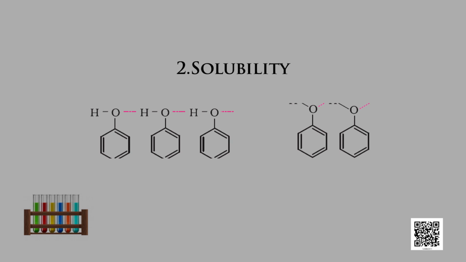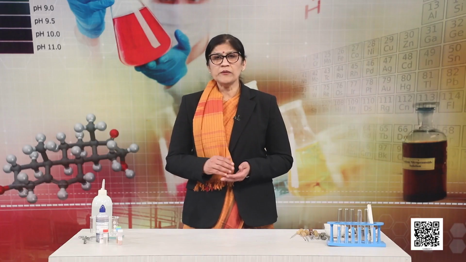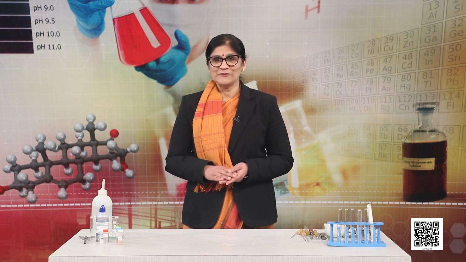Solubility of alcohols and phenols in water is due to their ability to form hydrogen bonds with water molecules, as shown in the slide. The solubility decreases with increase in the size of the alkyl or aryl, that is the hydrophobic group. Several of the lower molecular mass alcohols are miscible with water in all proportions, but not phenol.